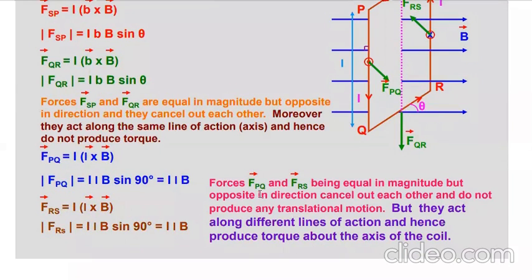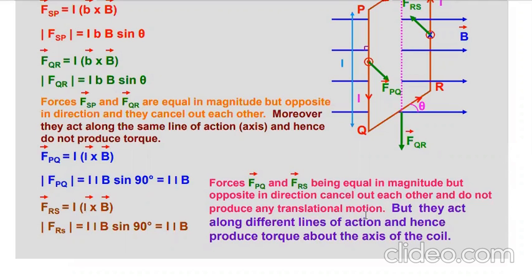So forces F_PQ and F_RS, being equal in magnitude but opposite in direction, cancel out each other and do not produce any translational motion. Therefore, the net translational effect produced by these forces is 0.